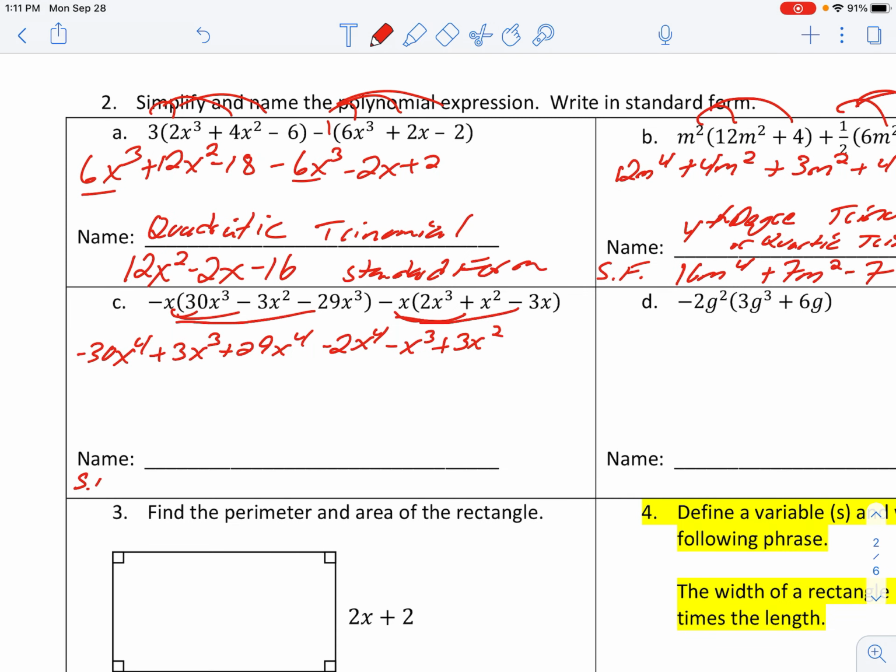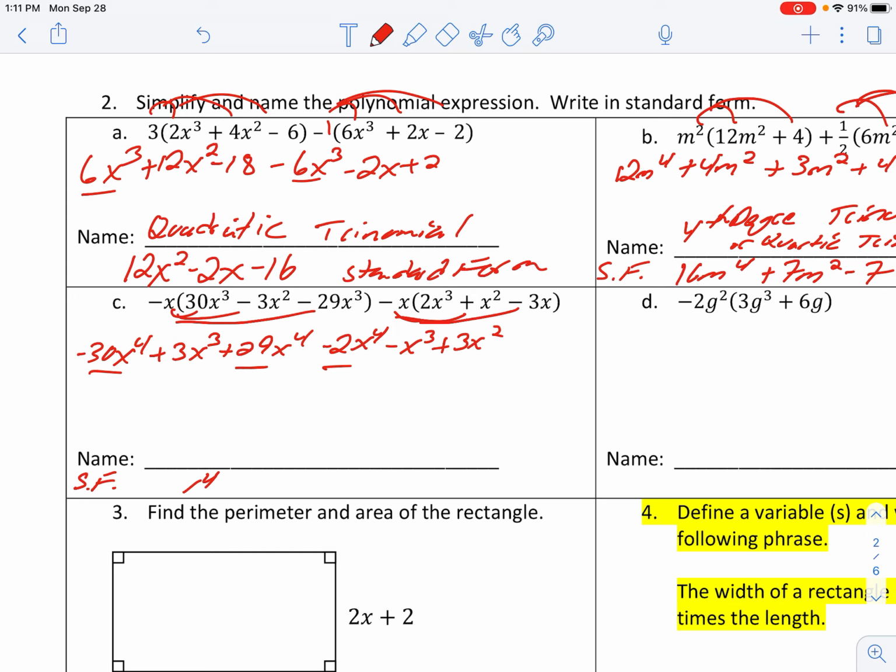Okay, put the standard form together now. Parentheses are gone. Watch your signs. All right. Negative 30 minus 2 leads it off. X to the fourth. 3x cubed. Oh, actually, I missed one, it looks like. It's not 30, negative 32. I should have highlighted them right here. So it's actually negative 32 and then plus 29.